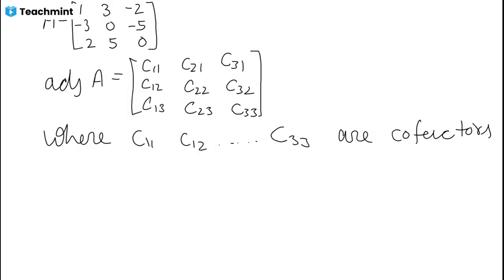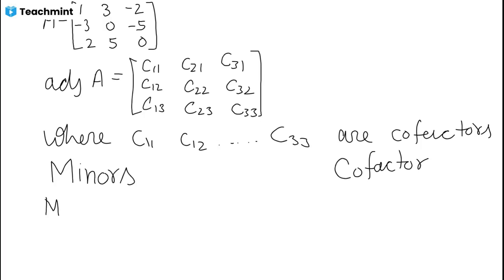So to find cofactors, we need to find minors first. And here we'll find cofactors. So let us find first minor M11.